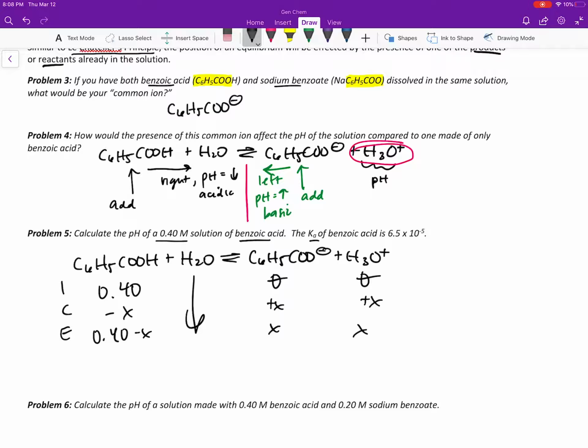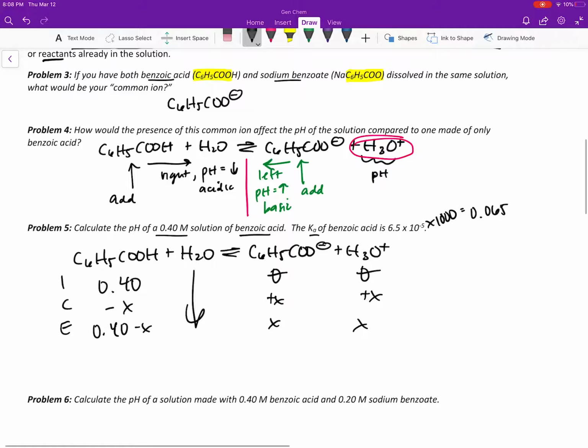Now in this case, if I want to check to make sure that my Ka value is less than the starting amount, it is indeed less than, which means I get to remove that negative x.